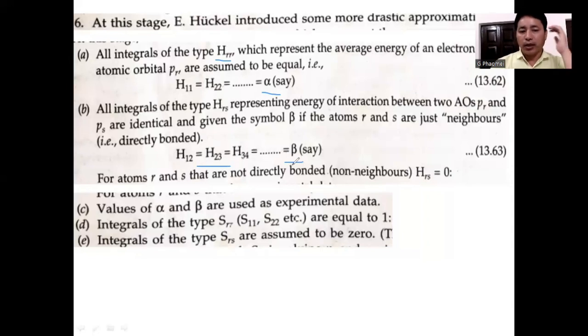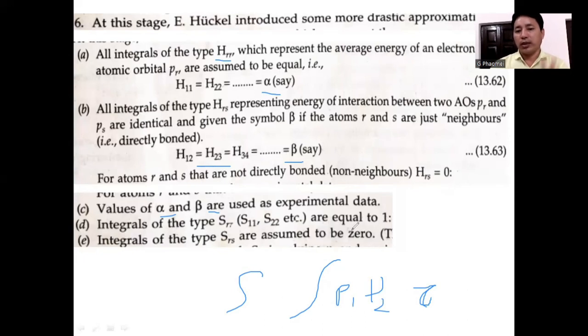The assumption here is that alpha and beta can be determined experimentally. And the integrals of p1 with p1, p2 with p2 can be taken as S11 equal to 1, or S22 or S33, these are equal to 1. And if they are different, that means p_r and p_s, for example, then the overlap integrals of p1 and p2 can be considered as 0.